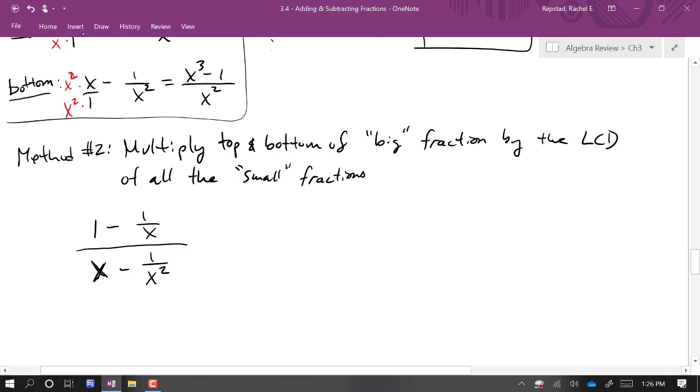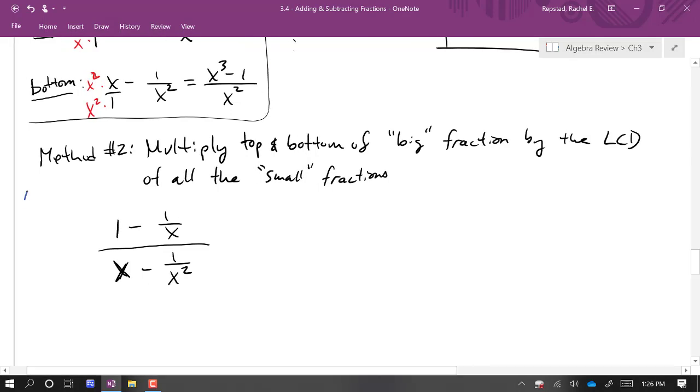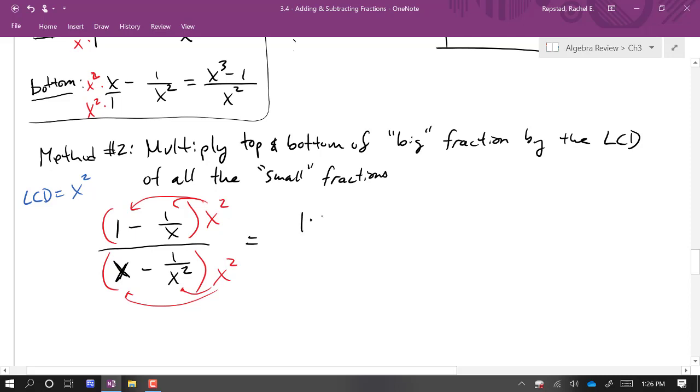Now, the LCD for all the little fractions that appear in it is x squared. So I'm going to multiply the top and the bottom by x squared. And when I do that, I'm going to have to distribute that x squared to each of those terms. Now I'm going to write out that distribution. Sometimes people will distribute and reduce or cancel as you go, and that's fine. I've got 1 times x squared minus 1 over x times x squared.